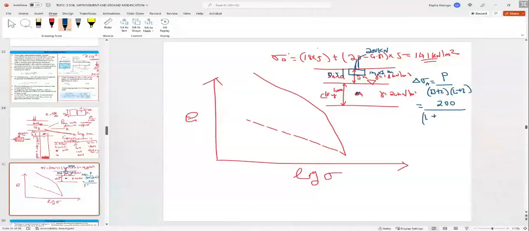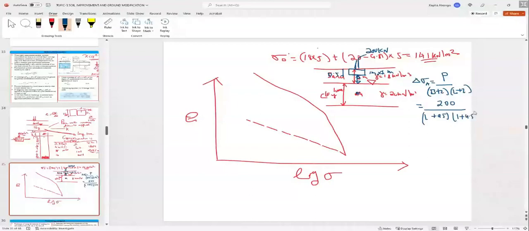This is 4.5 plus 5, that's 9.5, into 1 plus 9.5.